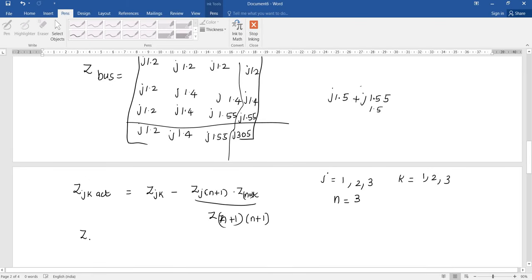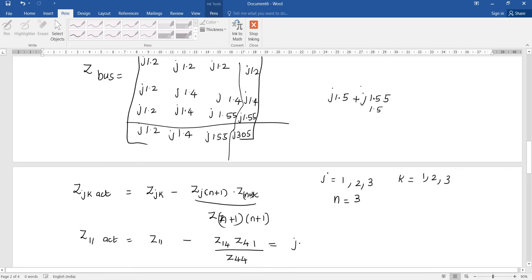So first j is equal to 1 and k is equal to 1. Z11 actual. Z11, same you have to write. Here also Z14, n is 3, Z41. Cancelling this, you get Z11 only. Again this way you have to remember Z44. Now I am going to substitute the value.